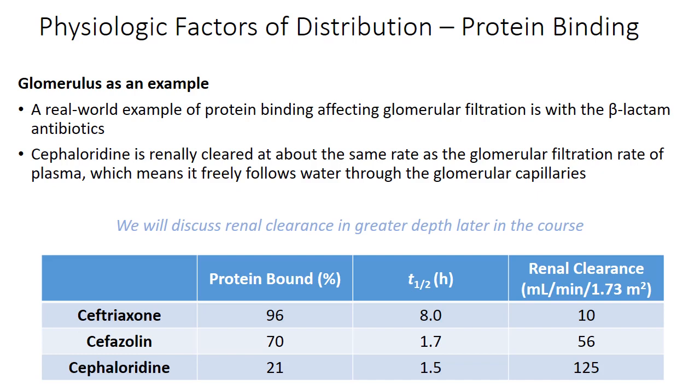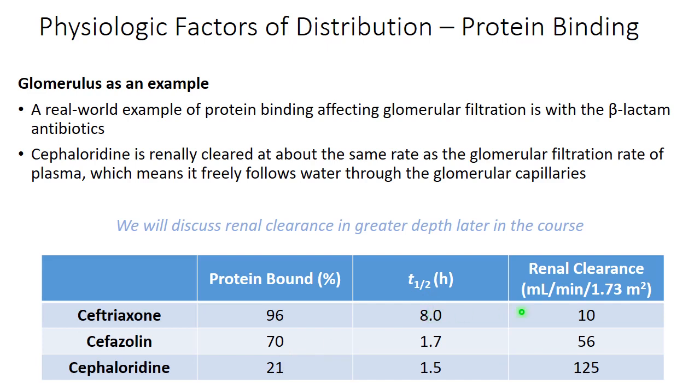If we just look at the amount of protein binding, 96% of ceftriaxone in the blood is stuck on albumin, or at least some plasma protein. And cephaloridine has low protein binding. If you look at the half-lives, ceftriaxone has the longest.